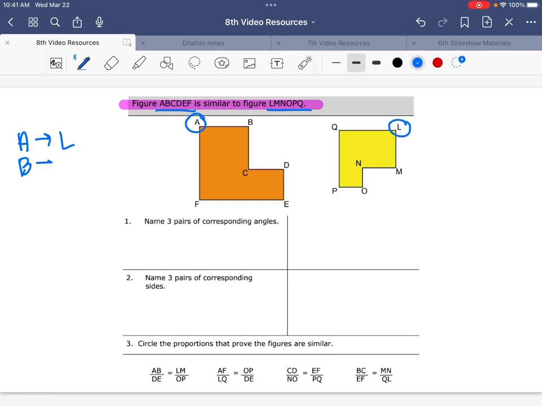Point B corresponds to point M. I'm going to put a square around those.